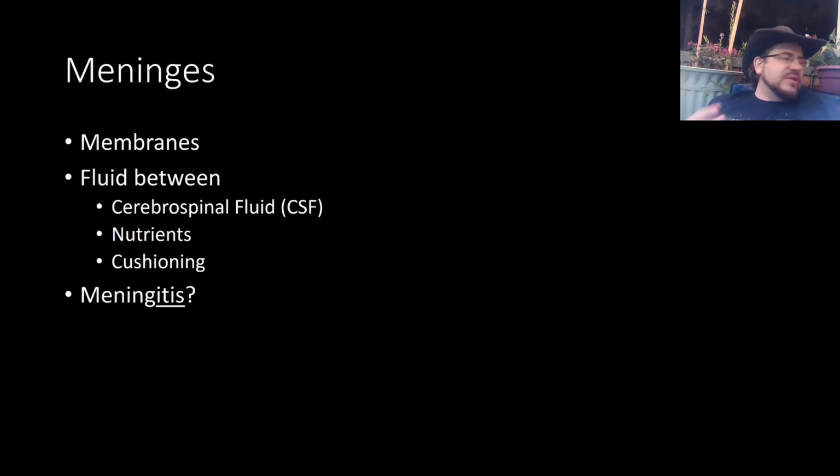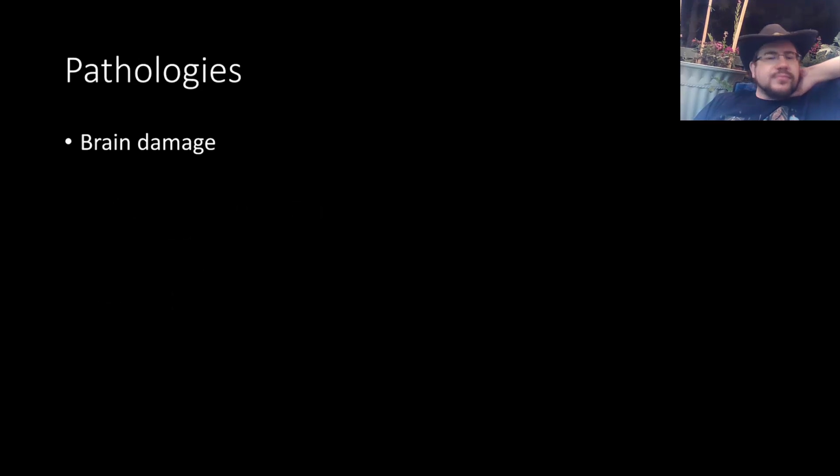And as it continues to attempt to swell, the skull fully contains it. Hard structure. And that basically causes pressure to increase on your brain, and neurons in your brain may start to die. So meningitis is no joke.